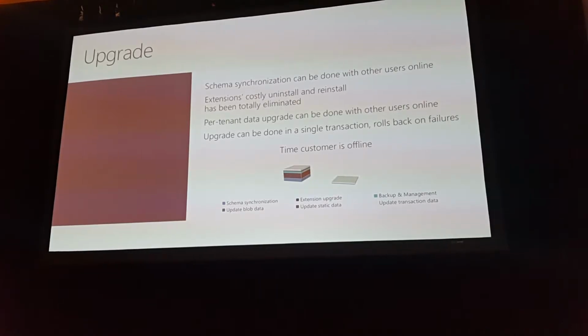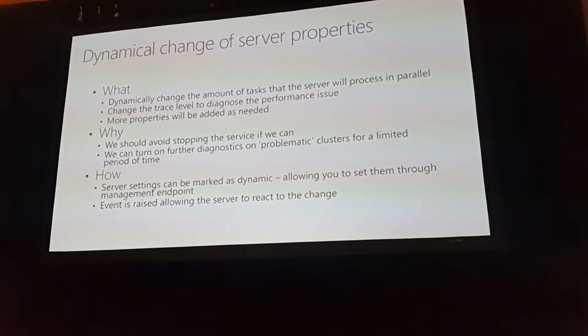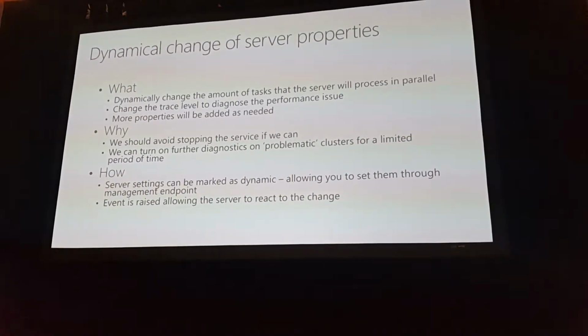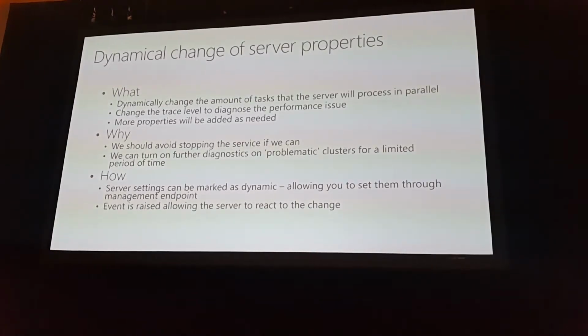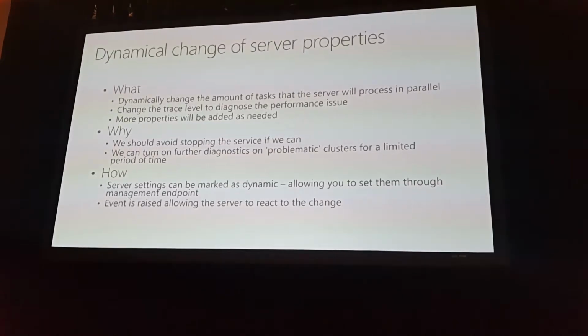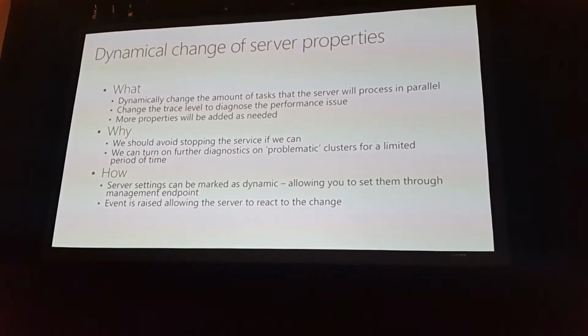And we'll get back to some more optimizations around upgrade. Dynamic change of server properties. So if we want to change the log level to diagnose something, it doesn't really work that we take the server offline to change that for that server and taking everybody connected to that server offline as well.